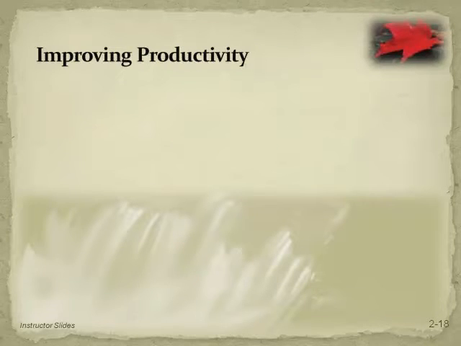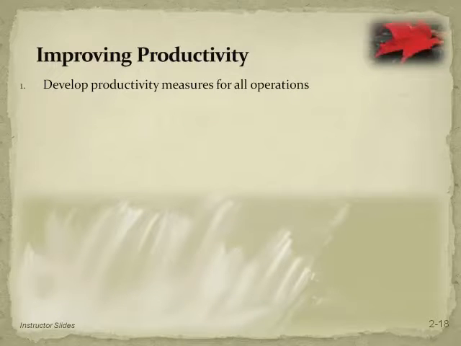So how do we improve productivity? Well, there's a number of ways that we improve productivity. Defining what our productivity measures are is the first step. Also, if we're producing a product and we have a series of steps that we go through to produce that product, quite often there is one particular step that tends to be a bottleneck.